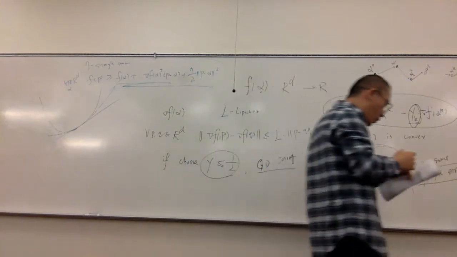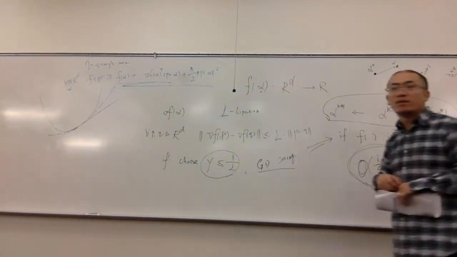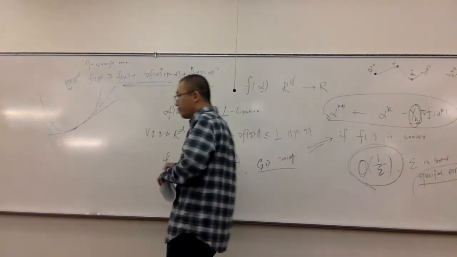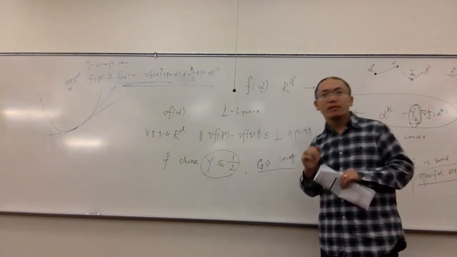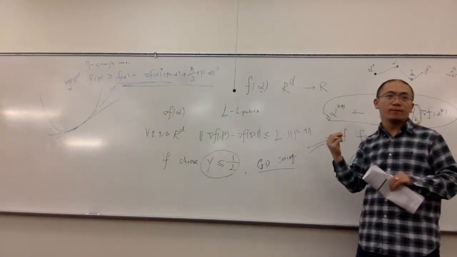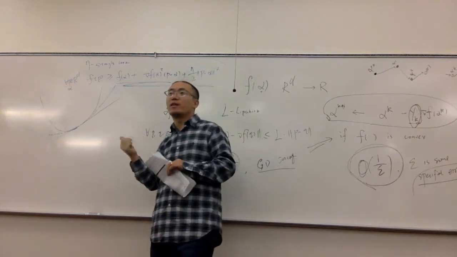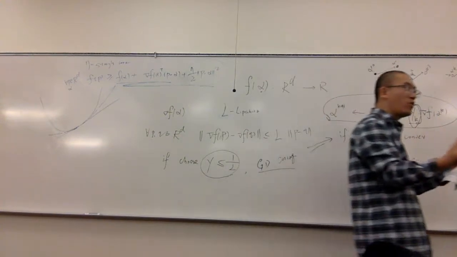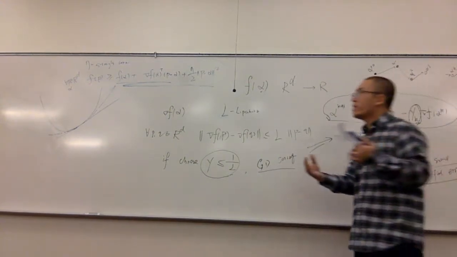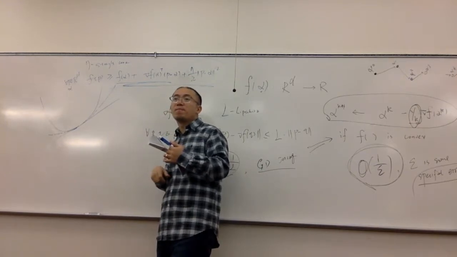So why would we like to hear about strongly convex? We mentioned in the last lecture that many training objectives are simply strongly convex, like SSE, sum of squared error. If you arrange them into matrix vector operations and test them with the condition, you find that they're strongly convex.